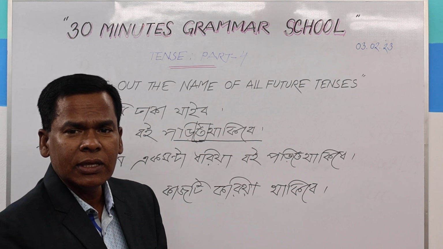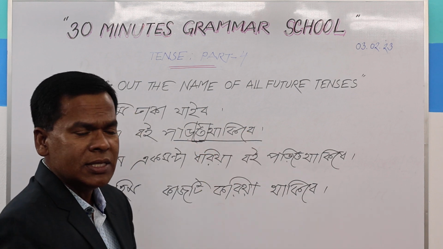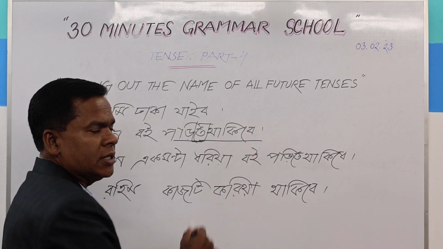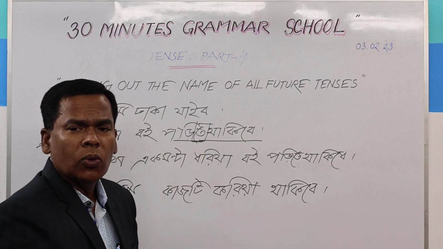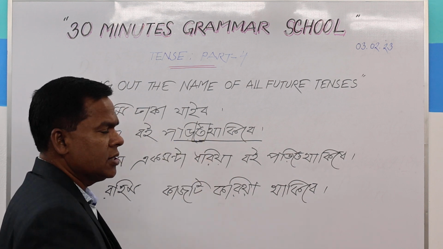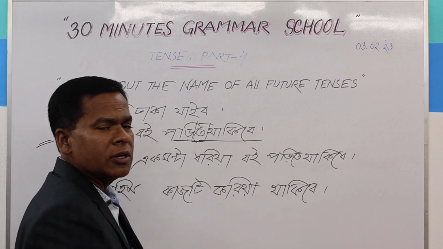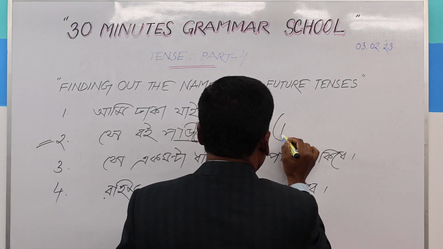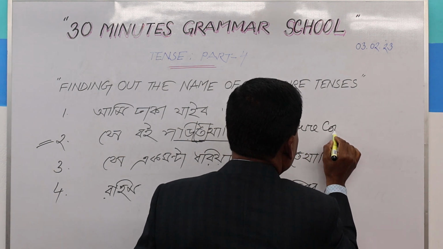So totally we can say that it is future continuous tense. Correct, boys and girls? So from bo we can say that it is future tense, and by the use of toy karete, we can say that it is continuous tense. So totally we can say this sentence is of future continuous tense. Okay boys, I am writing here in bracket: future continuous tense.